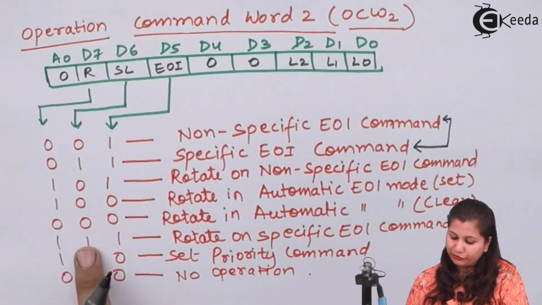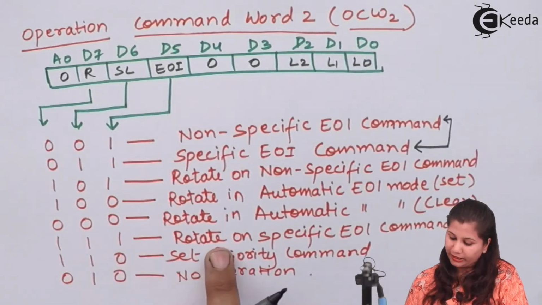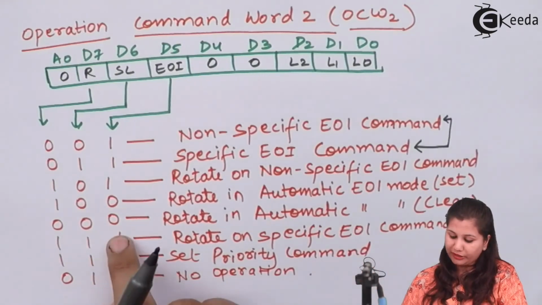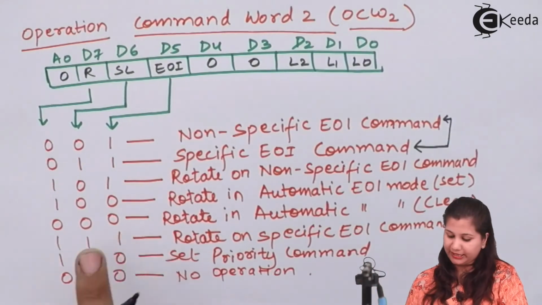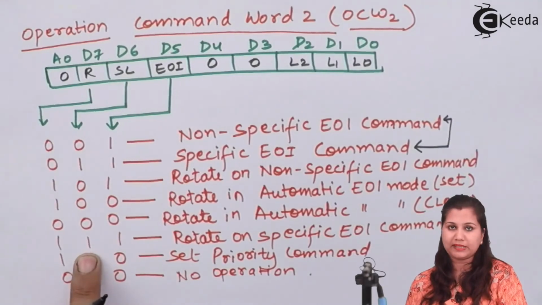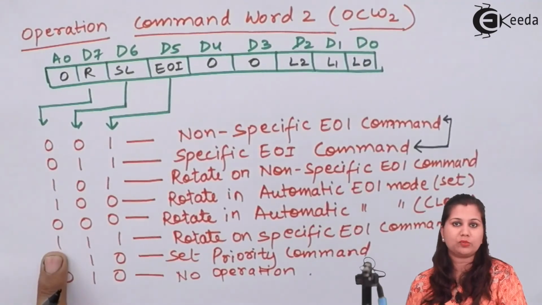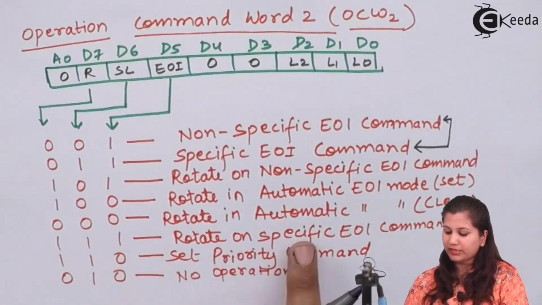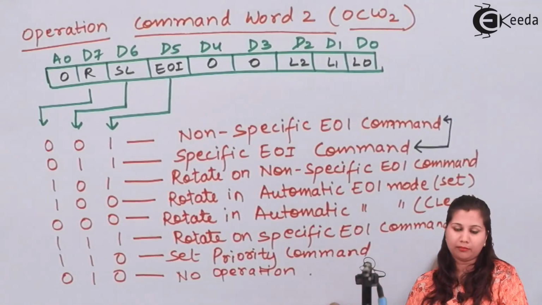Then if all three bits are set, it is rotate on specific end of interrupt command. If this is 1, then end of interrupt is selected. If this is 1, then specific is selected, and if this is 1, it means rotate is selected. So the mode is rotate on specific end of interrupt command.